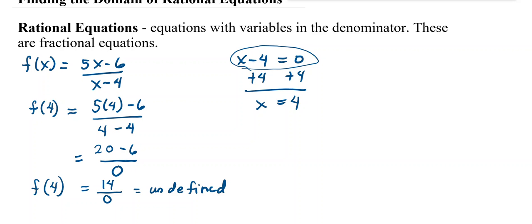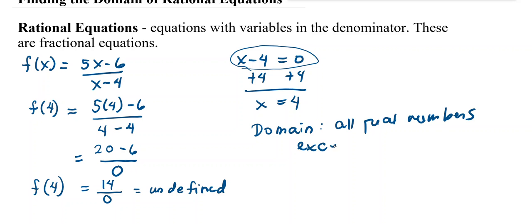So we'll take a look at that example in a bit, but for now, we're going to say that the domain of this function is all real numbers except, what is that value that we can't take, except the positive 4.